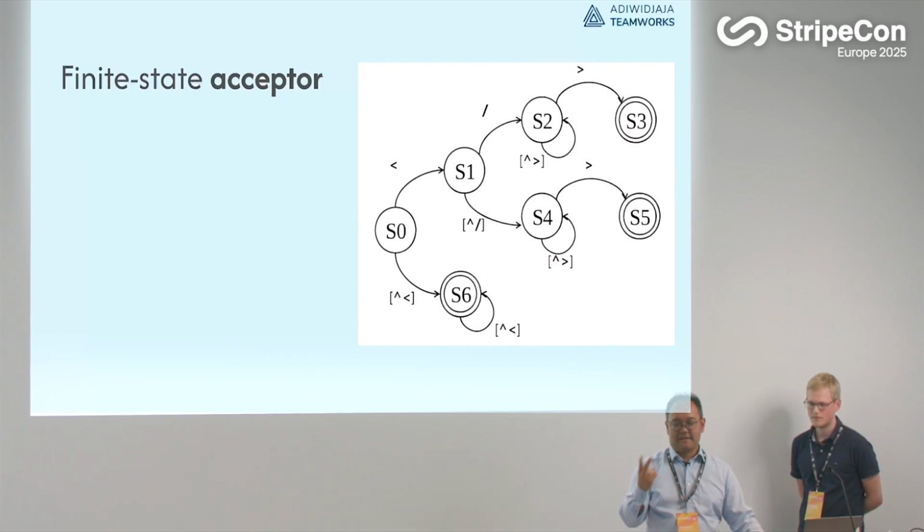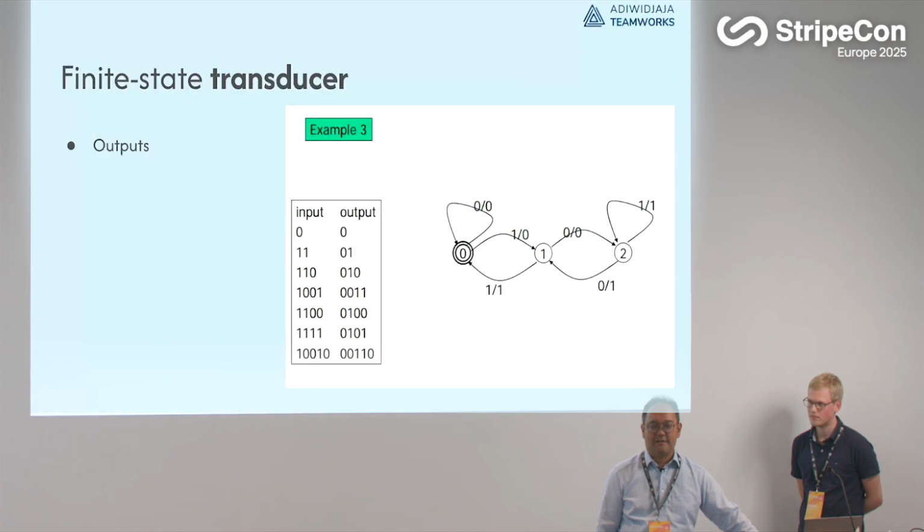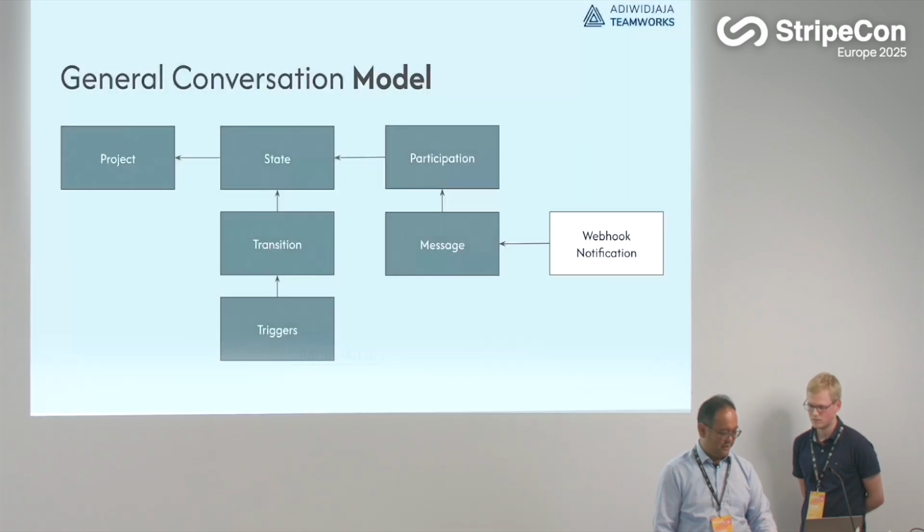The second variant of a finite state machine is a transducer. I like this word. It's great. Transducer. And the basic thing is it makes some output. So on any input, it takes a transition and it makes an output. That's exactly what we need for our model.